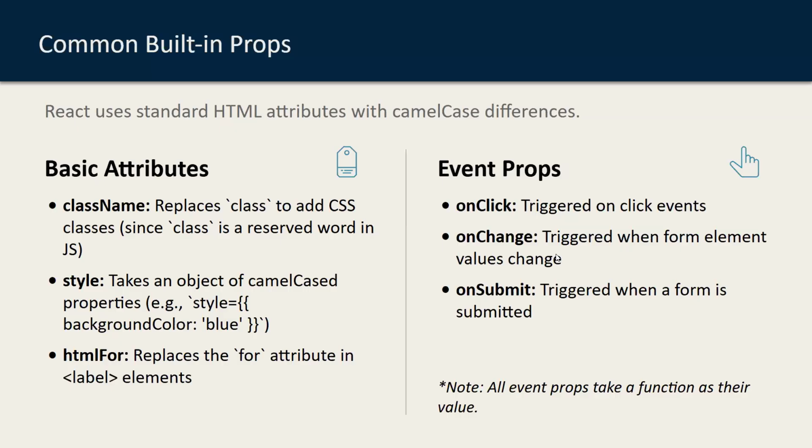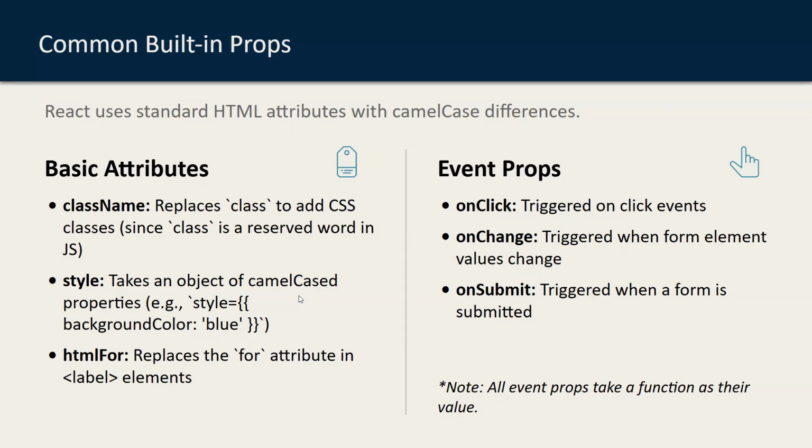Style takes a JavaScript object, and the property names are written in camel case. In CSS files, you would probably use lowercase separated with hyphens, but camel casing is the way to go here. And htmlFor replaces the normal for attribute on label elements.